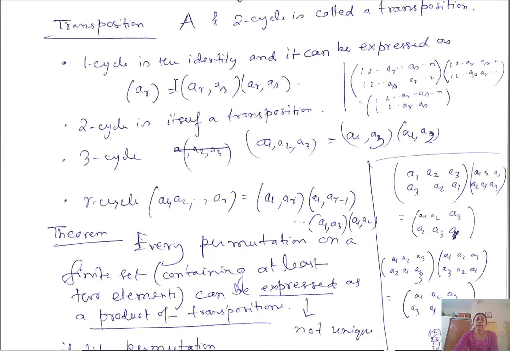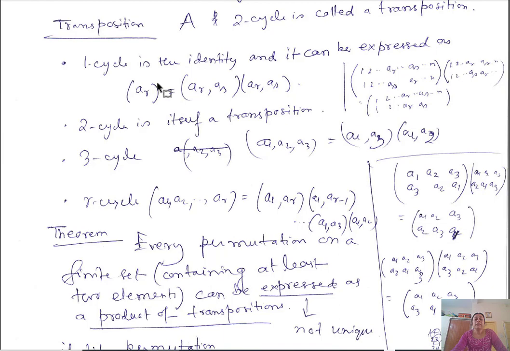Okay, if you have a one cycle, what does it mean? A one cycle (Ar) means, if you have n elements, 1 to n, that 1 is going to 1, 2 is going to 2, Ar is going to Ar, As is going to As, n is going to n.